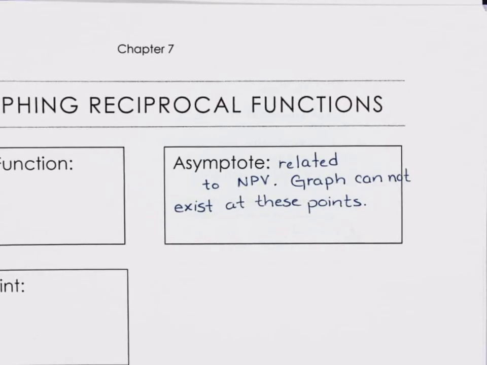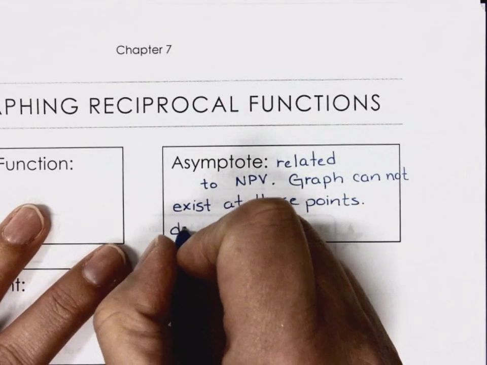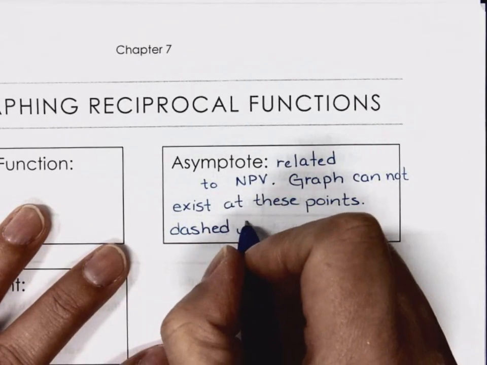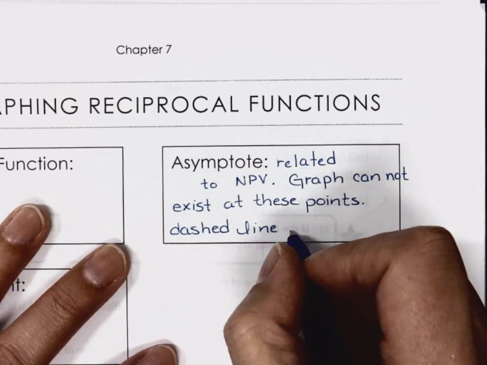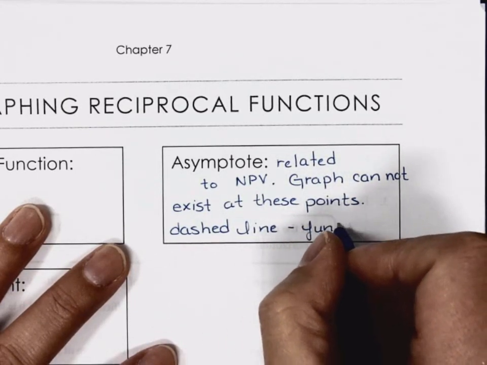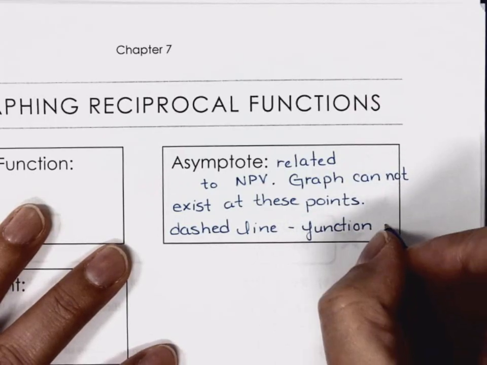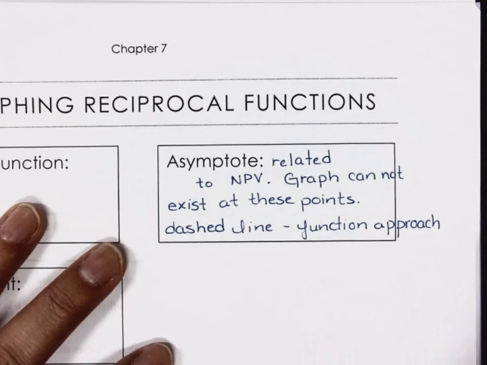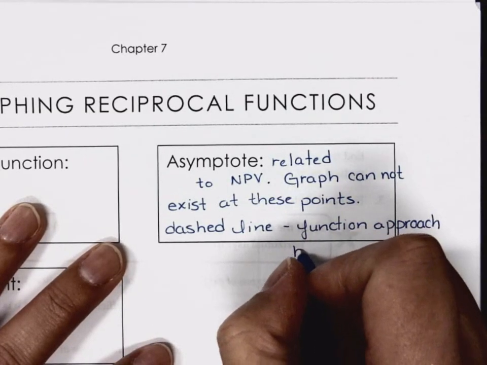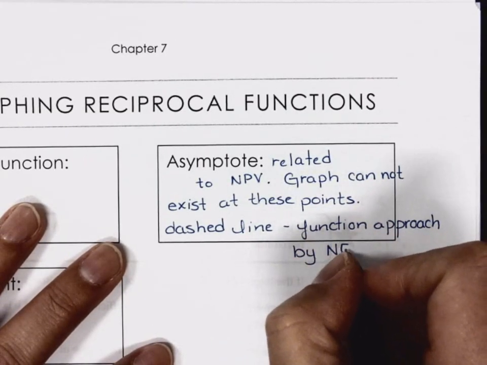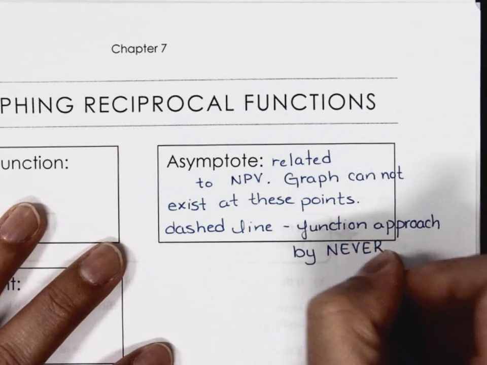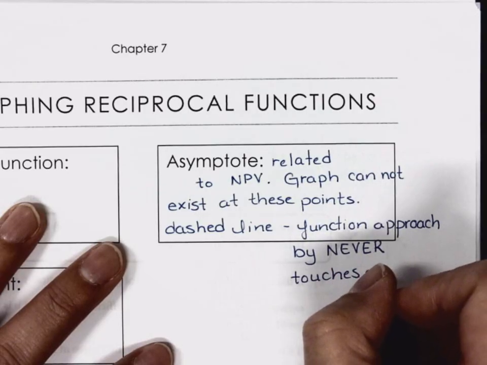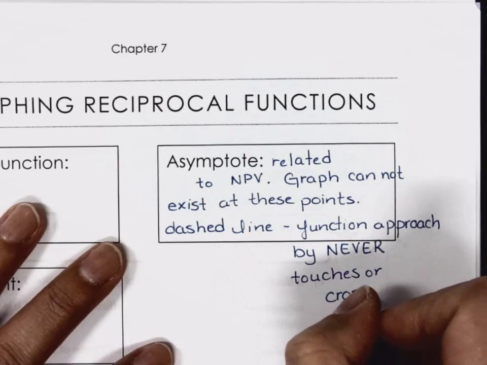What you need to know is they are a dashed line when we graph them. The function is going to approach them, but never, and I'll even capitalize that, never touches or crosses.